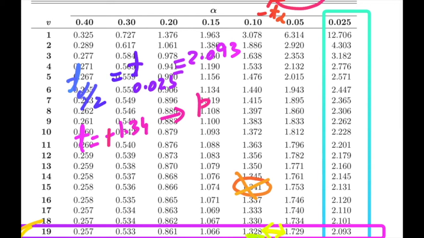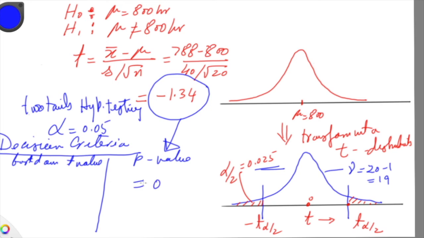So it will be approximately 1.3281. So p will be slightly less than 0.10. So it will be about 0.09 approximately. So p value is approximately 0.09 and t alpha by 2 is 2.093. So in this case, p is far more than alpha by 2.